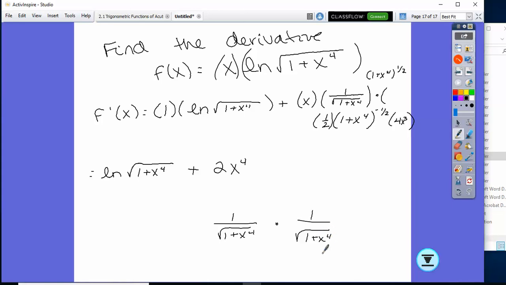When you multiply those together, what happens? The square roots drop, so it's just over 1 plus x to the 4th. I know my work was very sloppy there because I ran out of space. Did I lose anybody?